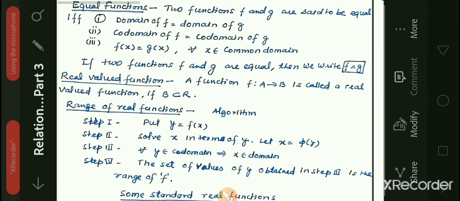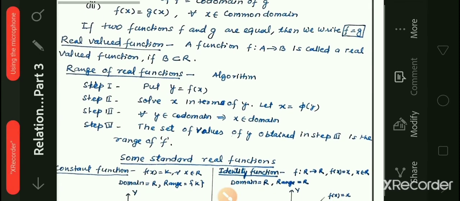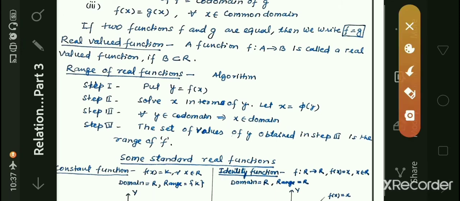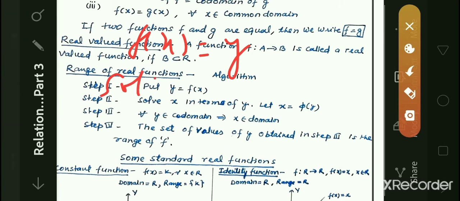Now, how to find the range of a real function? To find the range of a real function, we first put f(x) = y. After that, solve x in terms of y.